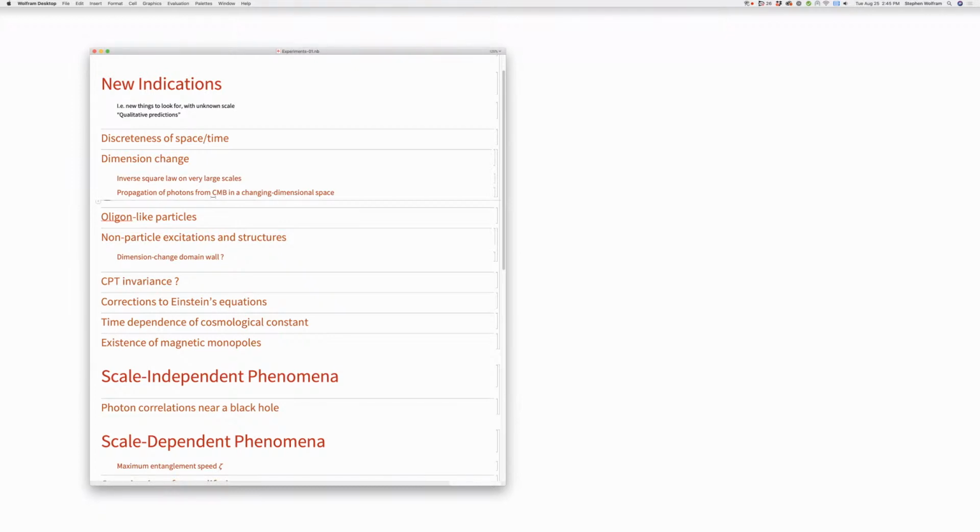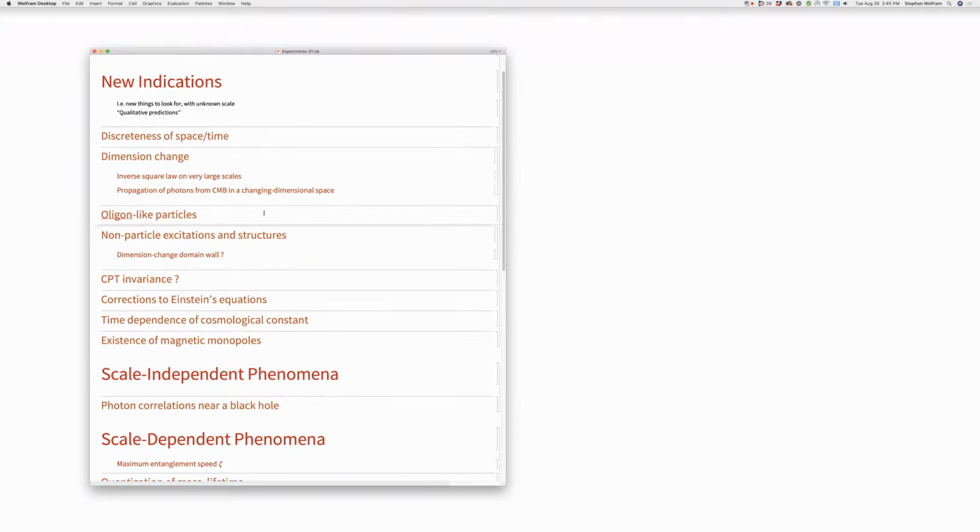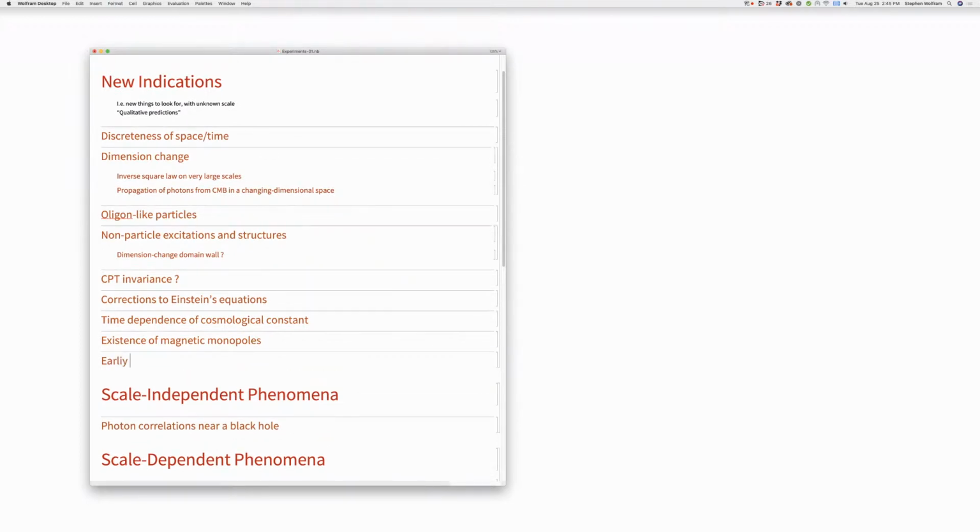There's questions about scattering. Another question is phase changes in the early universe and so on. There's a whole bunch of stuff with early universe dimension change.